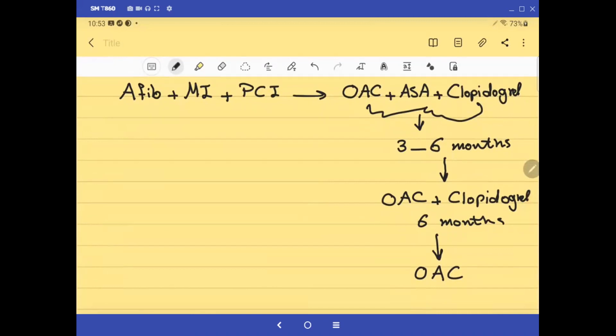After the 6 months, Ziad will stop the aspirin and keep on oral anticoagulant and clopidogrel for another 6 months. By the end of the year, Ziad will stop the clopidogrel and will be only on oral anticoagulant.